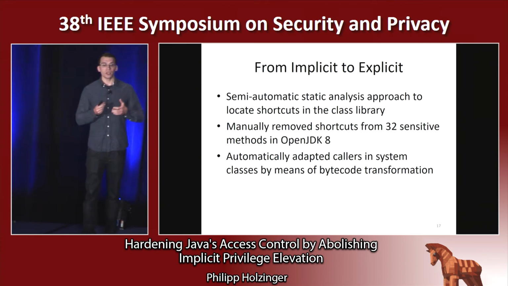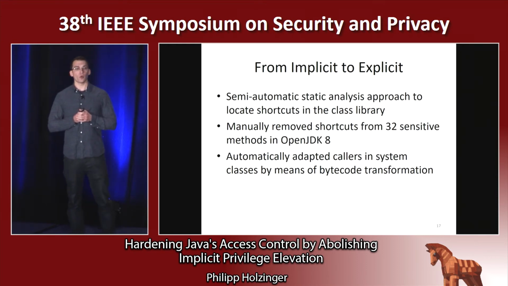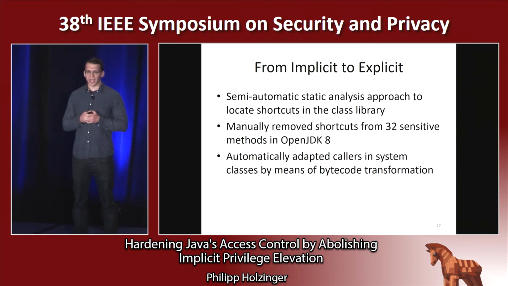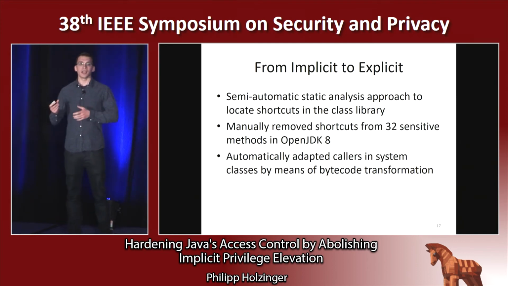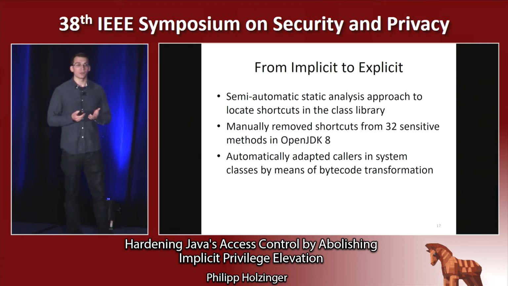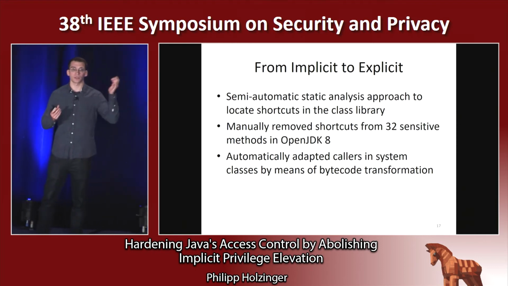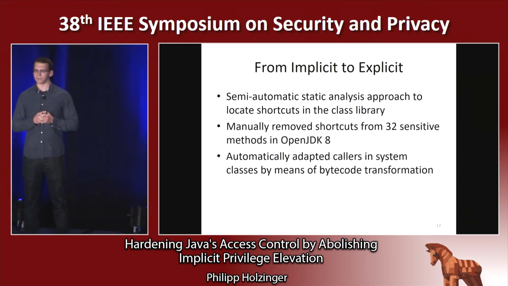We then manually remove the shortcuts of 32 methods in the OpenJDK 8, and we used an automatic bytecode transformation to adapt all callers that call the methods that we modified. This has to be done automatically because the number of callers is so incredibly large that you just cannot do that manually. It's thousands of callers, and you wouldn't want to do that.